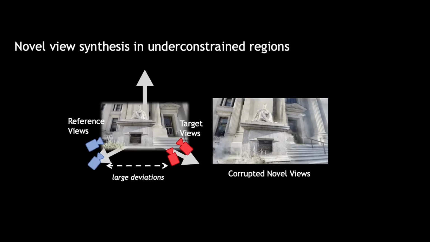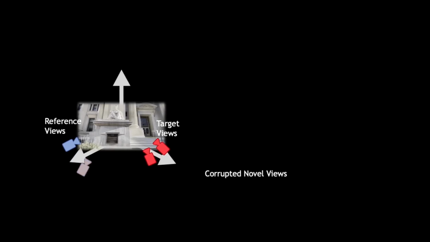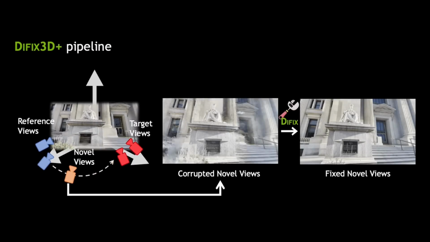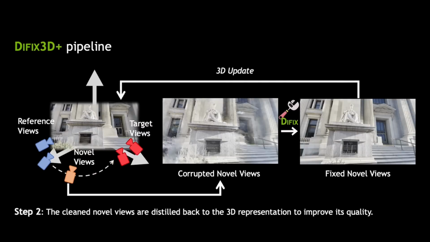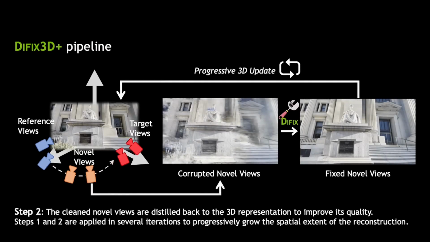We call it Fixer, actually, internally. When you deviate from the original capture position, you use a diffusion model and guide it with a bad rendering. It gets the idea of what it needs to do, and then it tries to make it look good.